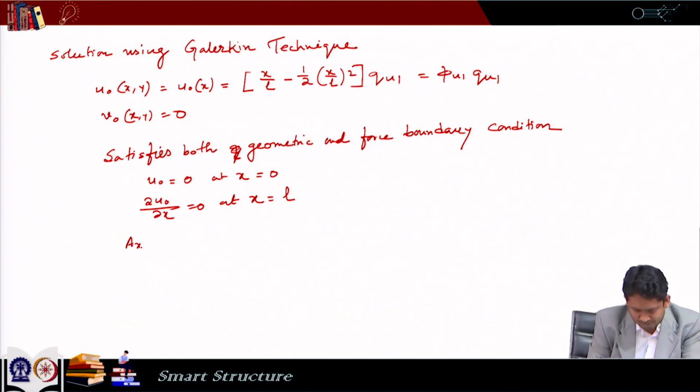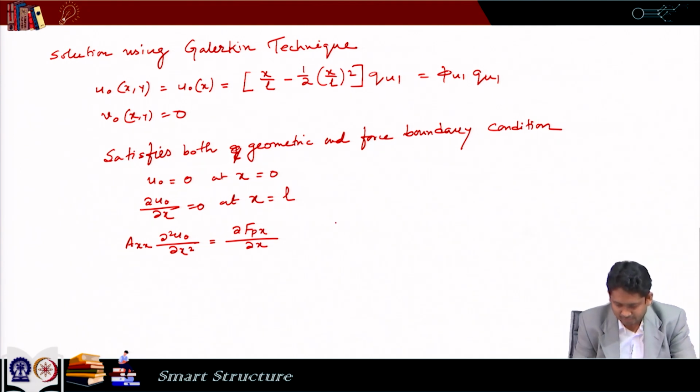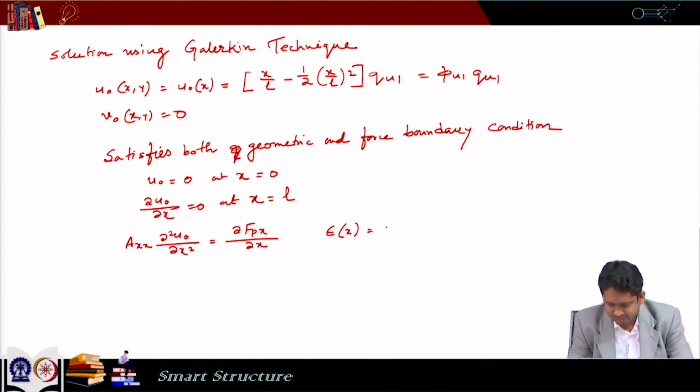Now, we already discussed the governing equations, and according to that the differential equation is this, and then we define an error function, or a residue.